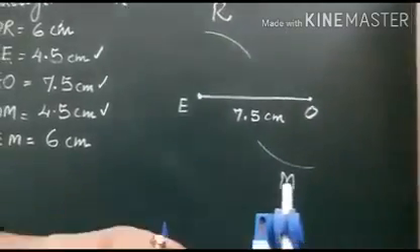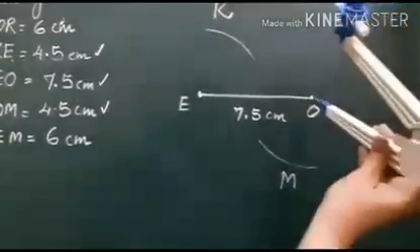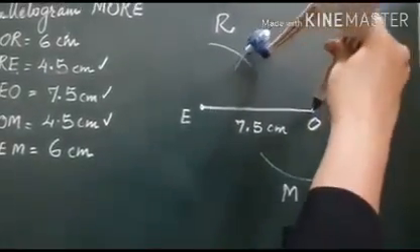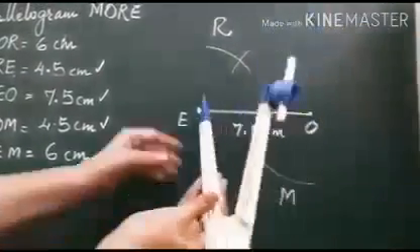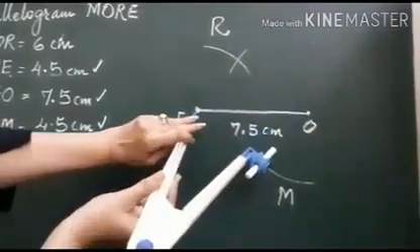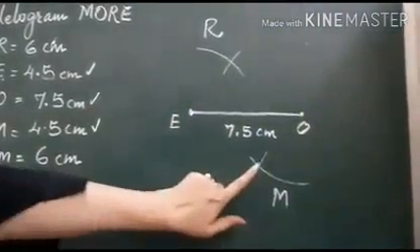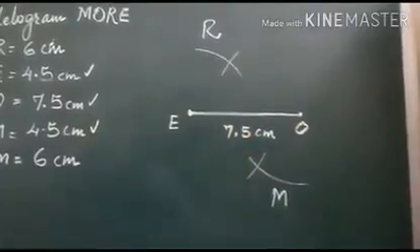Now, from O, we will draw one arc. Keep your compass point at O, draw an arc. Another arc will be drawn from E downwards. Okay, so EM is 6, OR is 6.